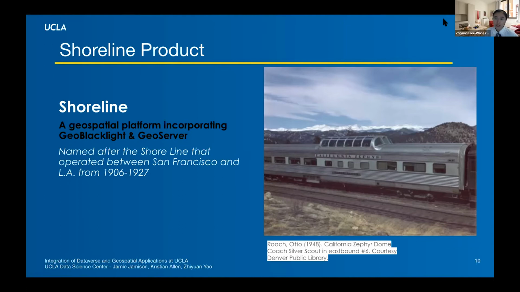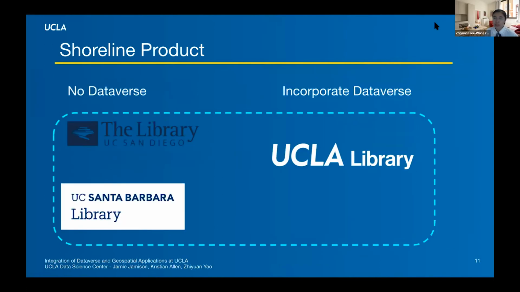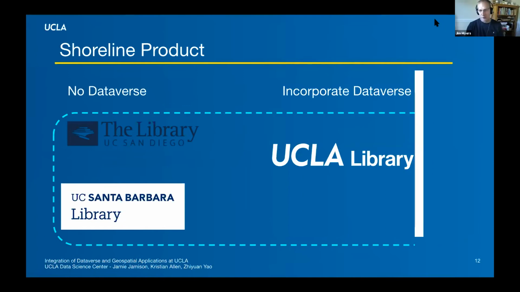We joined the group, UCSD and UCSB, last summer, but we also want to customize our own instance at our local campus. There's a big difference between UCLA and the other campuses: we incorporate Dataverse while the others don't.